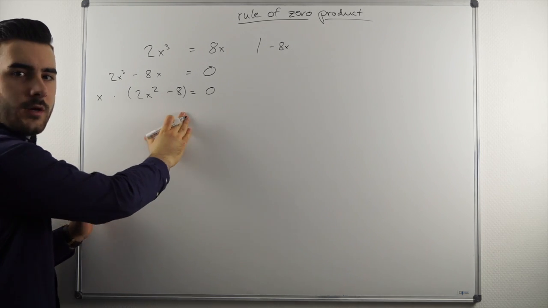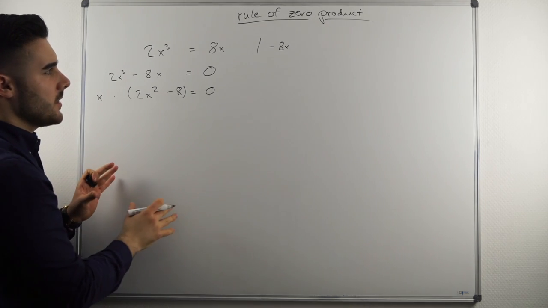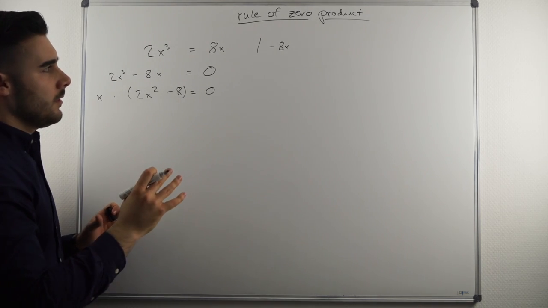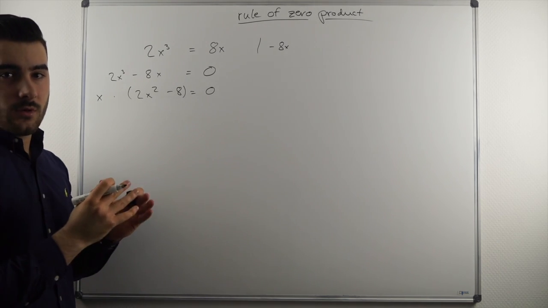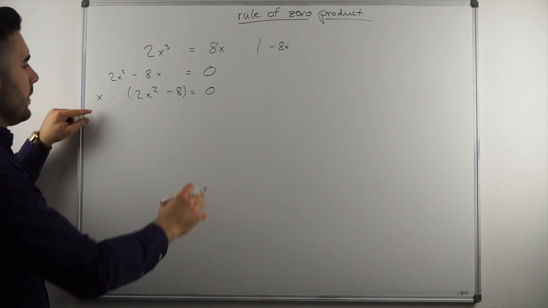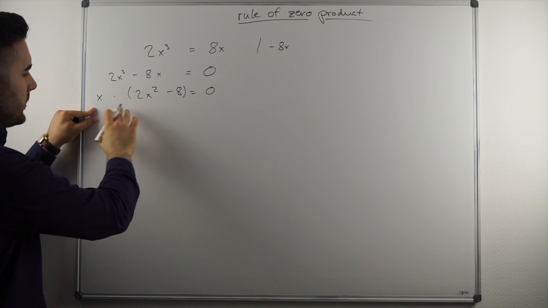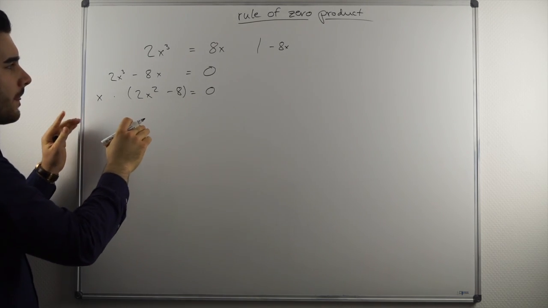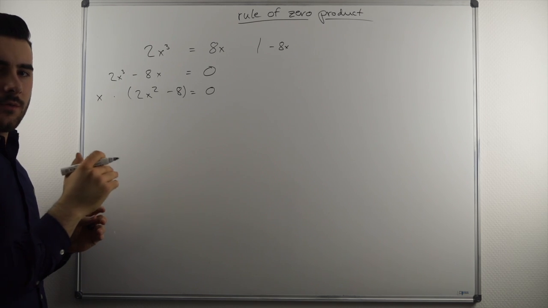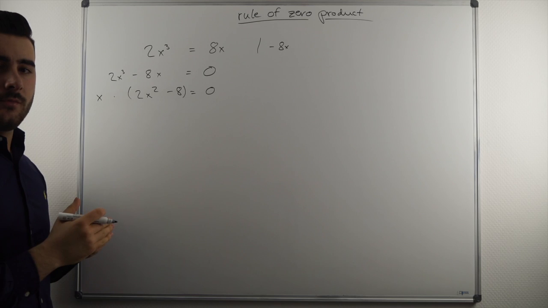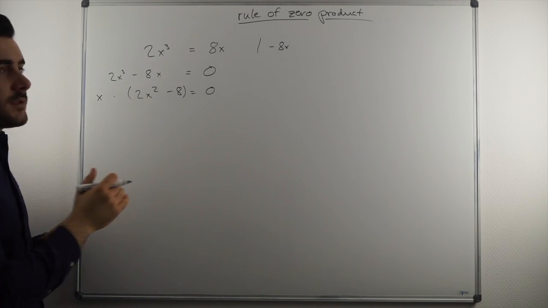And now there is the most interesting thing, the very clue on how this rule of zero product works and why it is called zero product. There is a rule when you have two factors that you are multiplying with each other: if a multiplication is supposed to be 0, then either one of the factors needs to be 0.